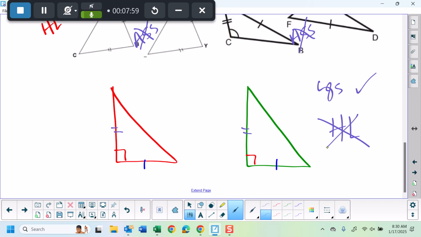And it's funny, I think it's obvious that we're going side, angle, side. And I had a kid last year that's like, it's confusing me. We have these names. I get side, angle, side. I get that's SAS. But I don't understand what the difference is. So they weren't connecting that they were naming a side and the included angle and the side.